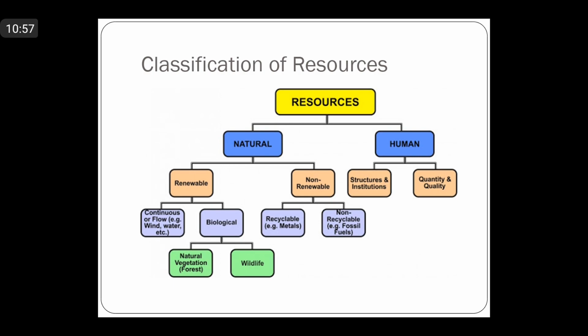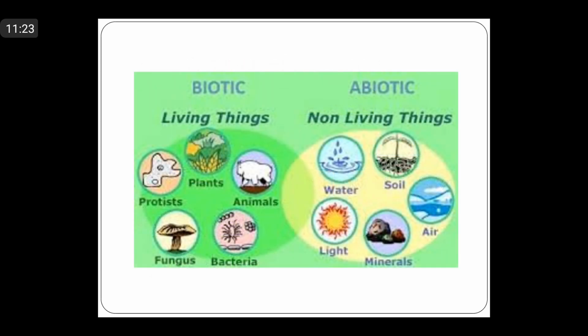Non-renewable is classified into recyclable and non-recyclable. And for human, another classification is by structures, quantity and quality. So that was your broad classification. We will discuss all these resources in detail.